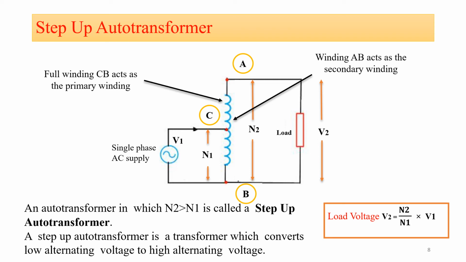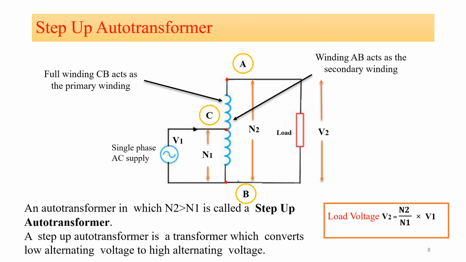Now how to differentiate between the step down auto transformer and the step up auto transformer? In the case of the step down auto transformer, the total number of primary windings is greater than that of the secondary windings. That's why that type of auto transformer is called a step down auto transformer, and it converts high alternating voltage to low alternating voltage.